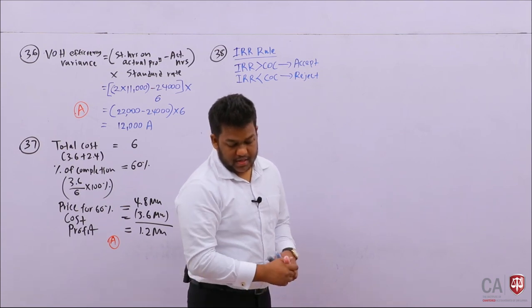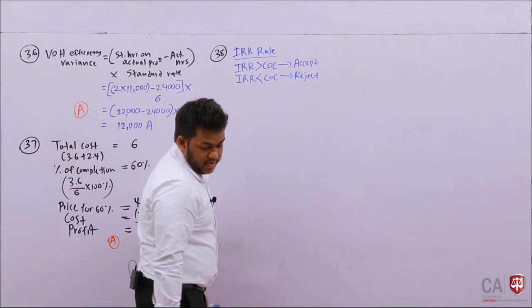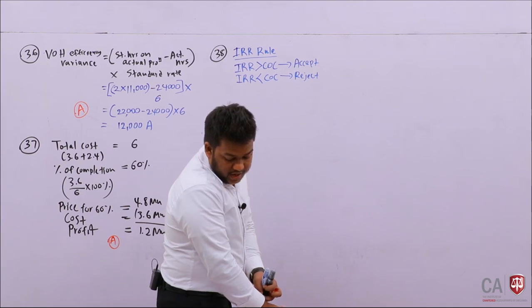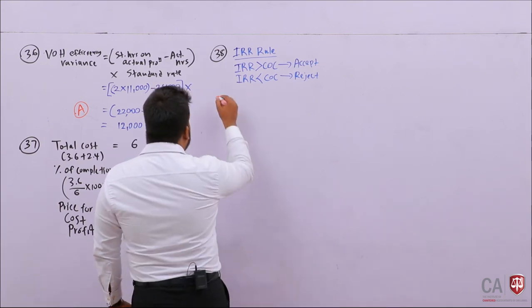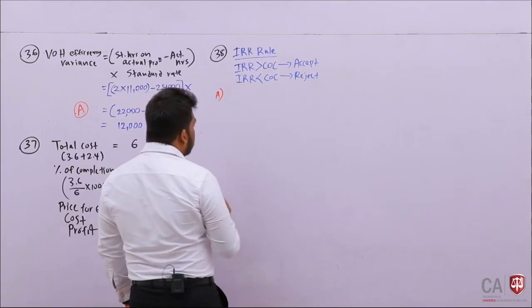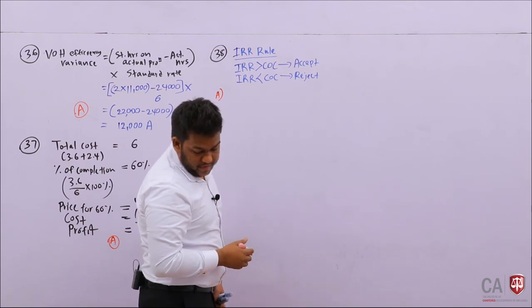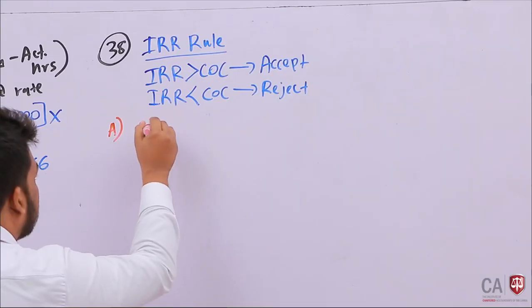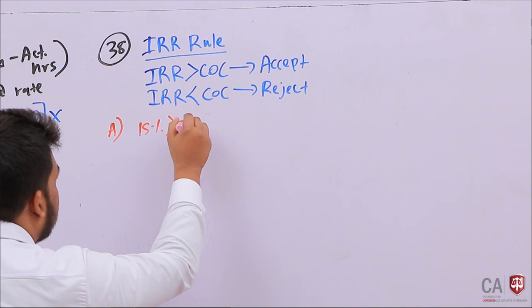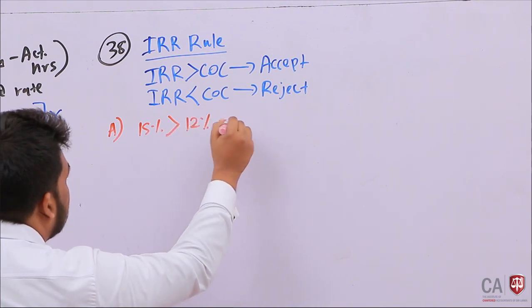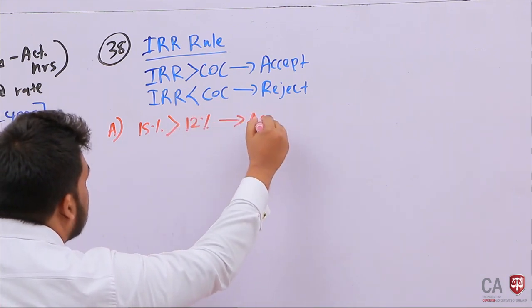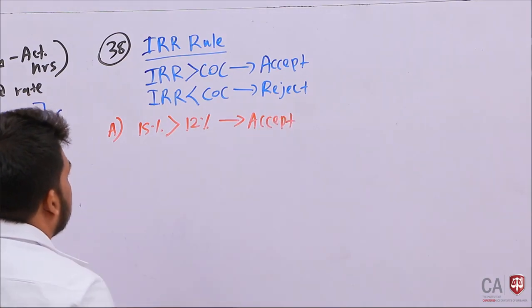So the first two are on IRR, no? Alpha uses a discount rate of 12%. So project A, 15%, is higher than 12%, no? So in this case, project A should be accepted.